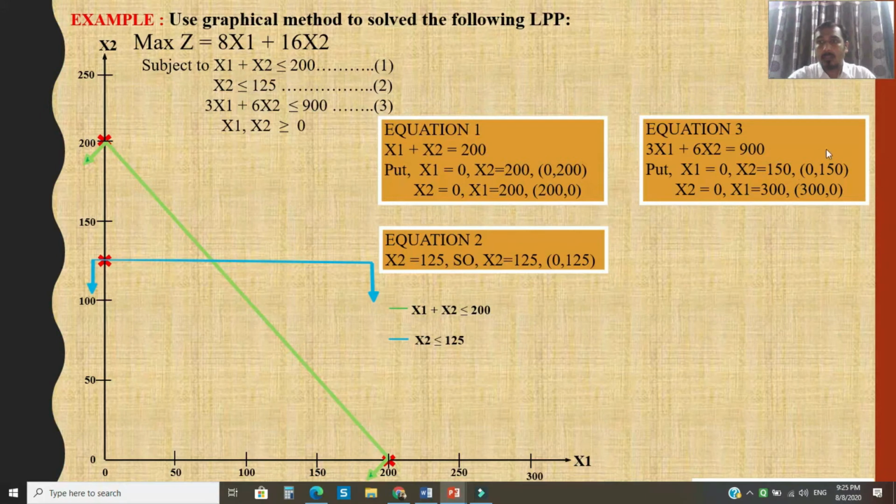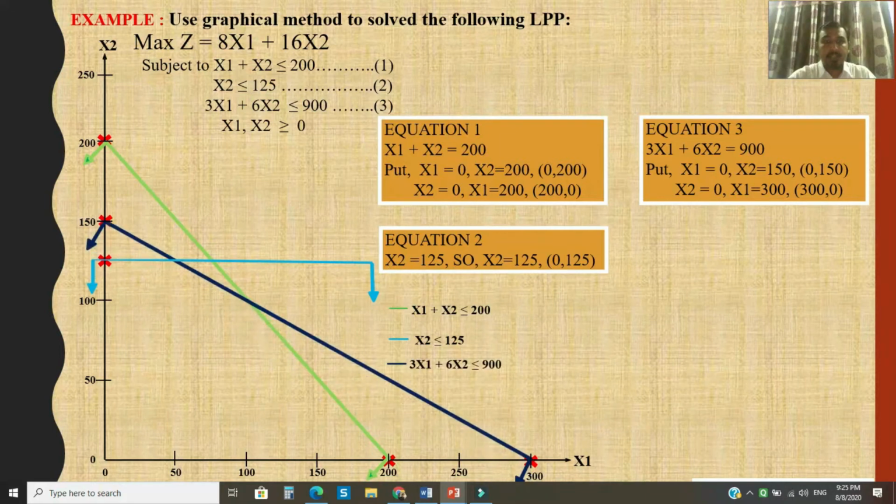Again, put these coordinates into the graph. So here x1 0 and x2 150, so 150 here. And the second coordinate 300 and 0, so 300, 0 here. First we have to put the points. Same thing, we draw the straight line passing through these two coordinates.